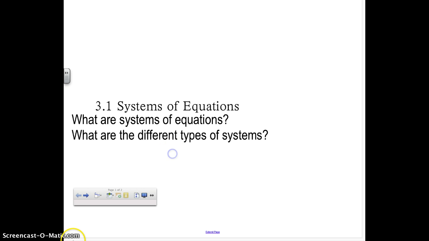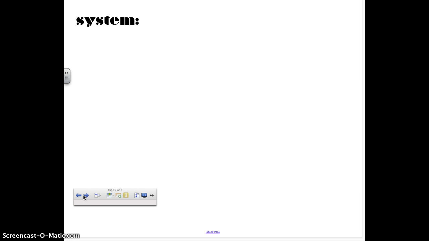So, first of all, we have to know what is a system. A system of equations is a set of 2 or more equations with 2 or more variables.